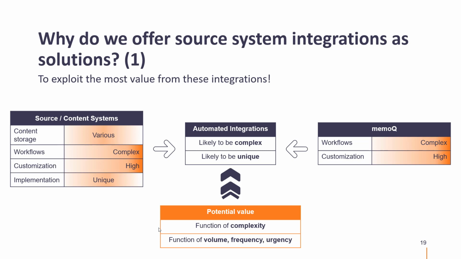Most probably, the higher the volume, the higher the frequency, the higher the urgency, the more value you are bringing. Sometimes automation and integration can enable you new business models, new ways to generate revenue and income. It might generate new opportunities.